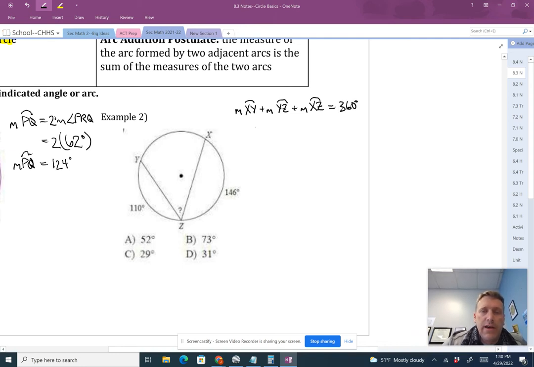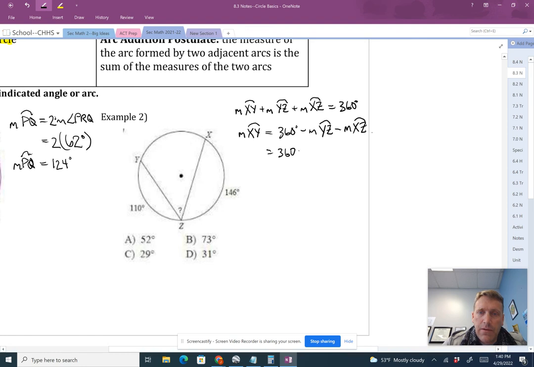So the measure of arc xy would be equal to 360 degrees minus the measure of arc yz, also minus the measure of arc xz.